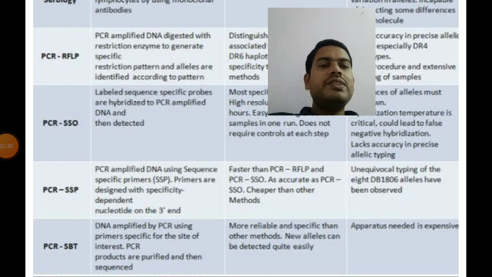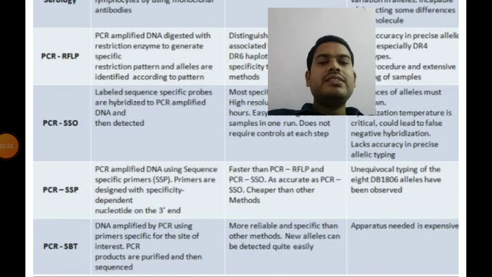But there is a problem with the DRB1*08 allele. If there is a problem with even a single allele, then the transplant will be rejected. So all the alleles should be properly typed between donor and recipient for successful organ transplantation.